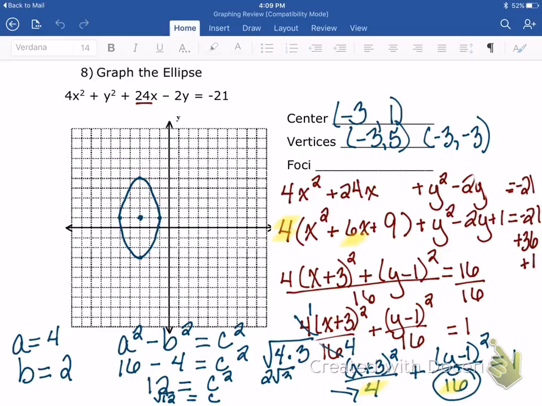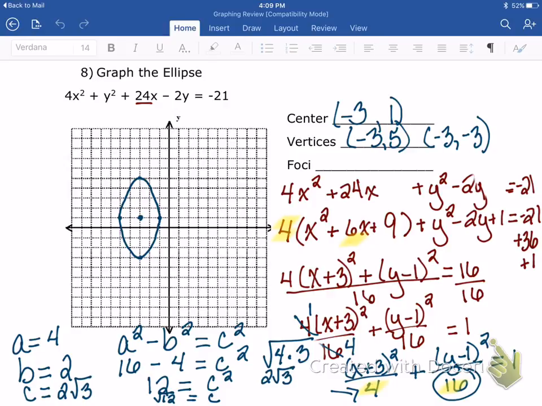So that is 2 on the square root of 3. So our c value is 2 on the square root of 3. Now, if you take the square root of 12, you are going to get a number in between 3 and 4. So that's an approximation of in between 3 and 4.